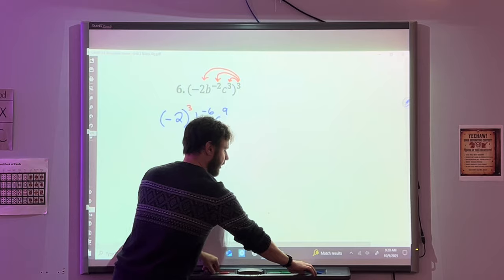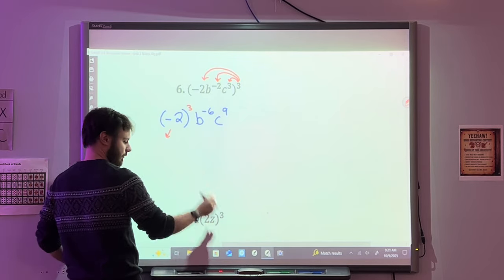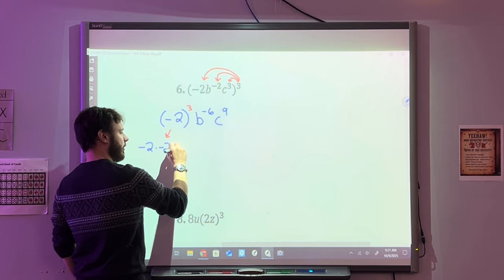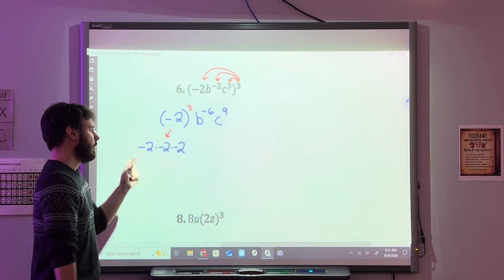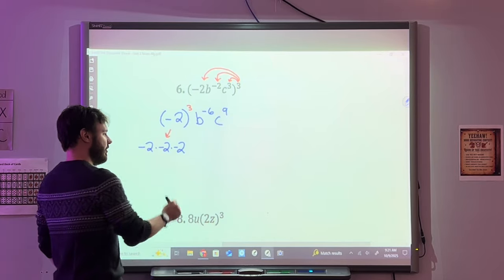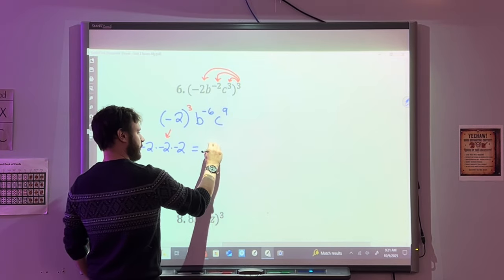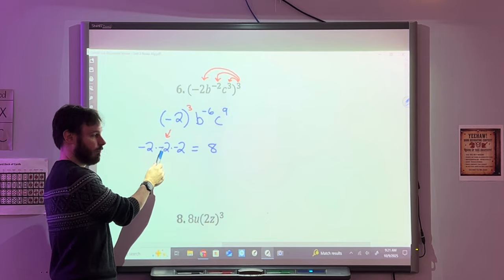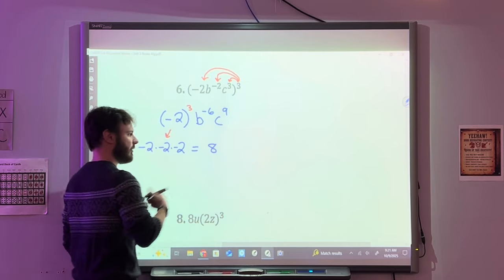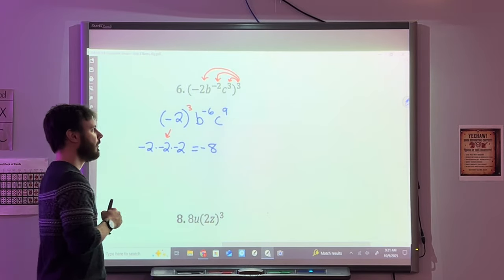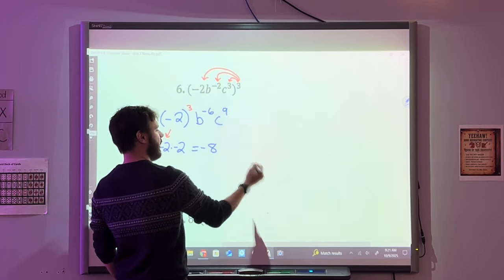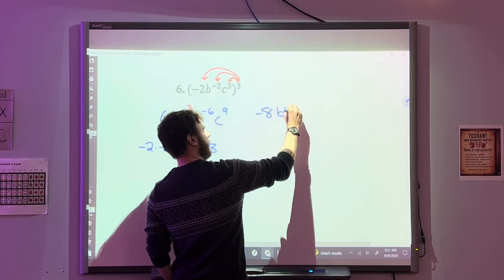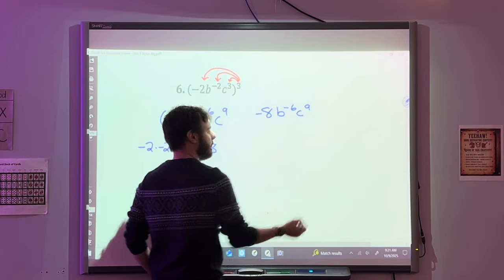So this turns into -2 times -2 times -2. 2 times 2 times 2 is 8. Negative times negative is positive, times another negative, we'll change it back to negative. And then put it all together. Negative 8, B negative 6, C 9.